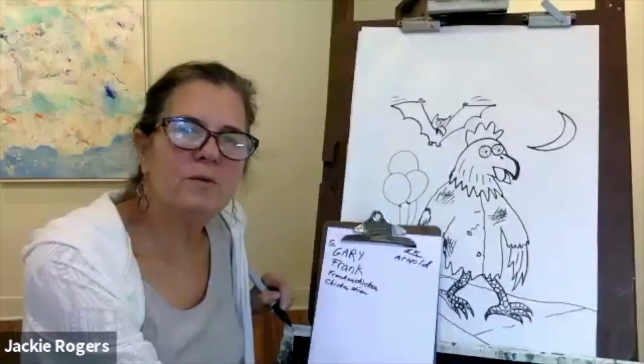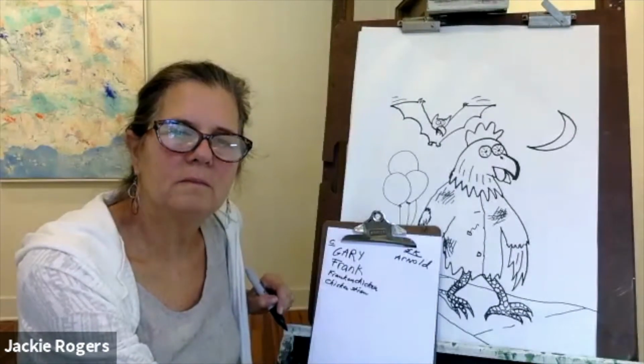What about you, Aiden? You got your hand up. I have names for both. The chicken could be zombie, and the bat could be sidekick.